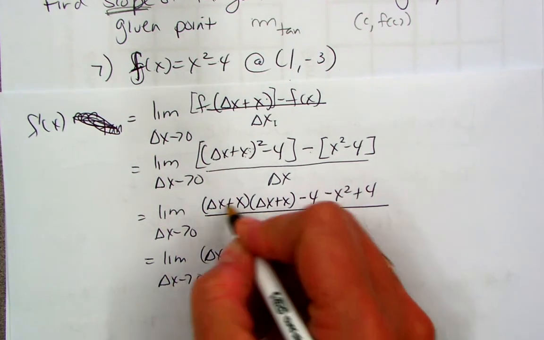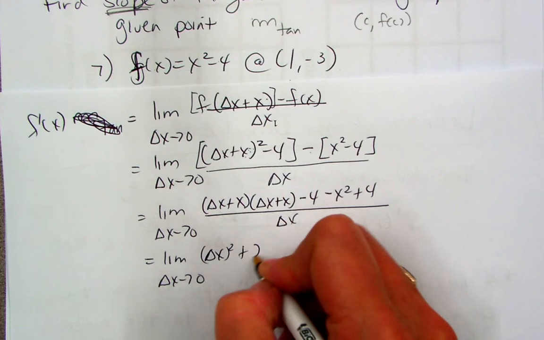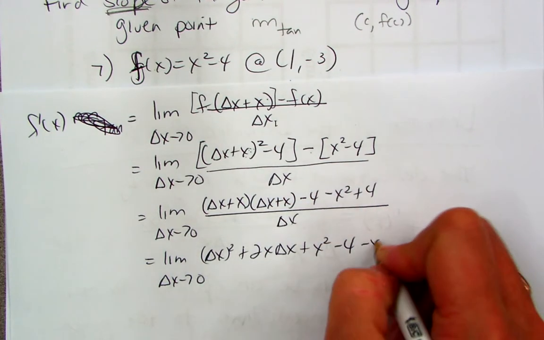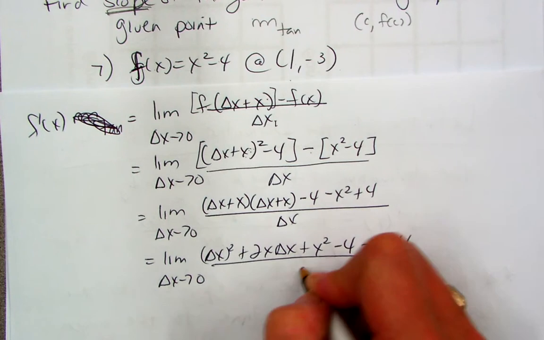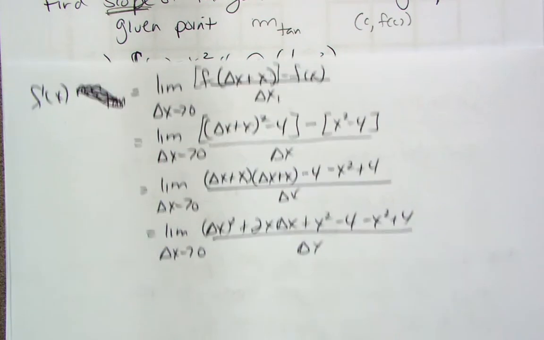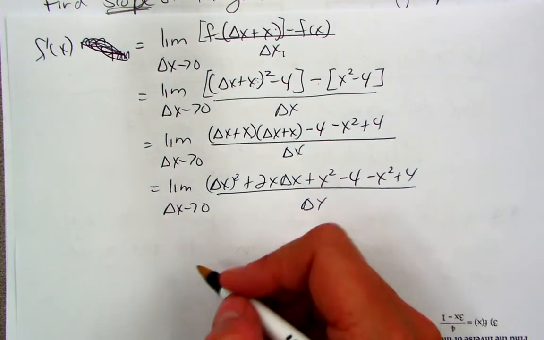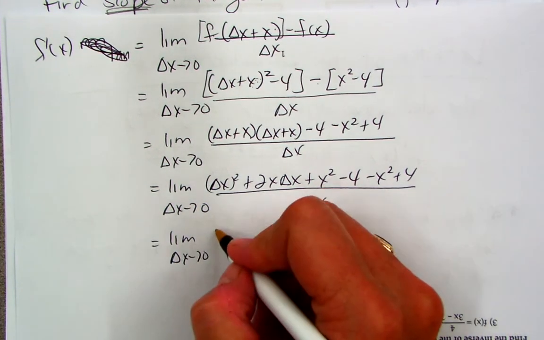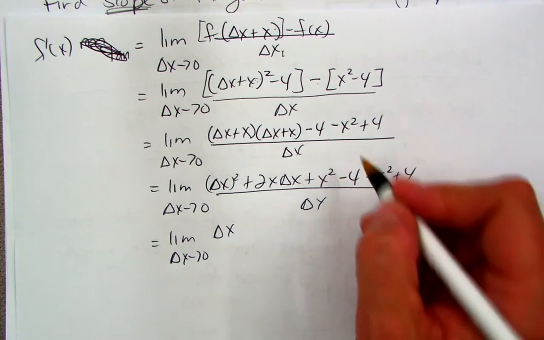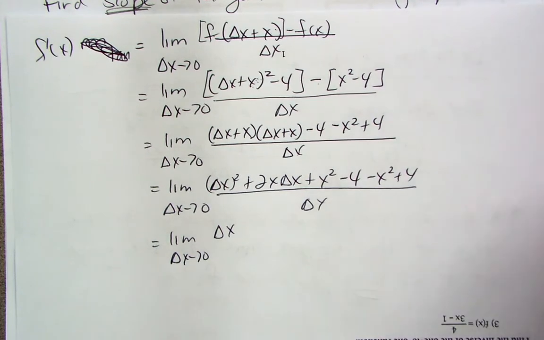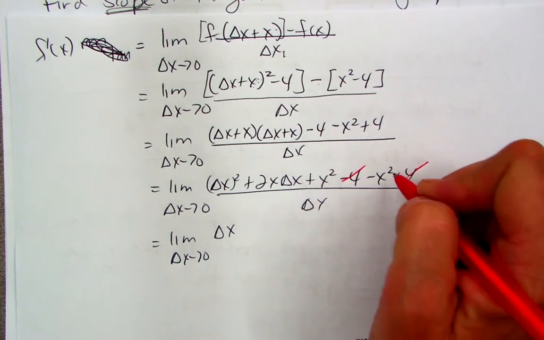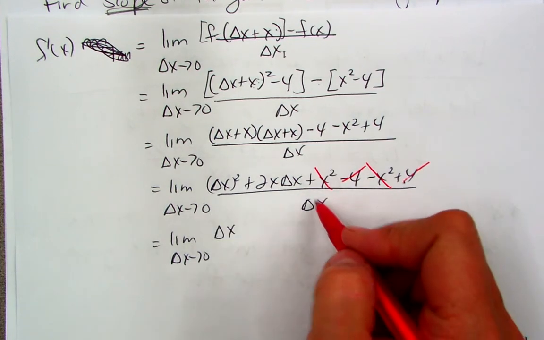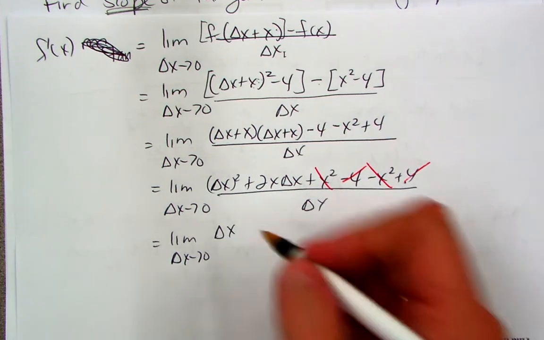Delta x squared plus 2 x delta x plus x squared minus 4 minus x squared plus 4. Oh, wait. Let's see if I can cancel something. So I need to get rid of this because I can't take that limit, but I could take a delta x out of both.